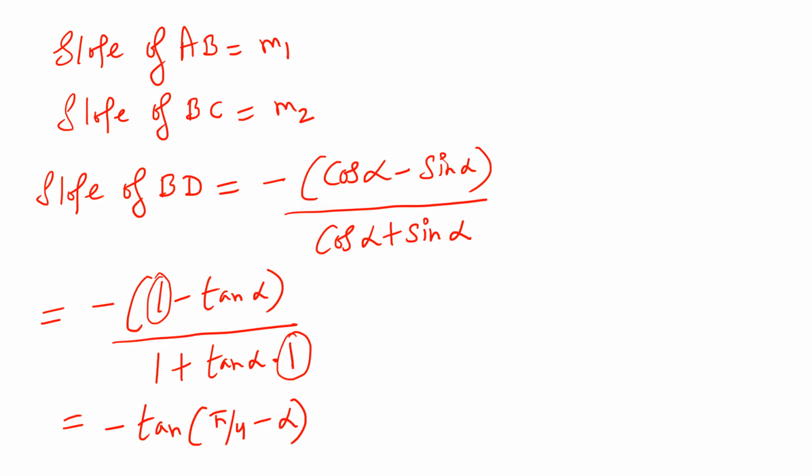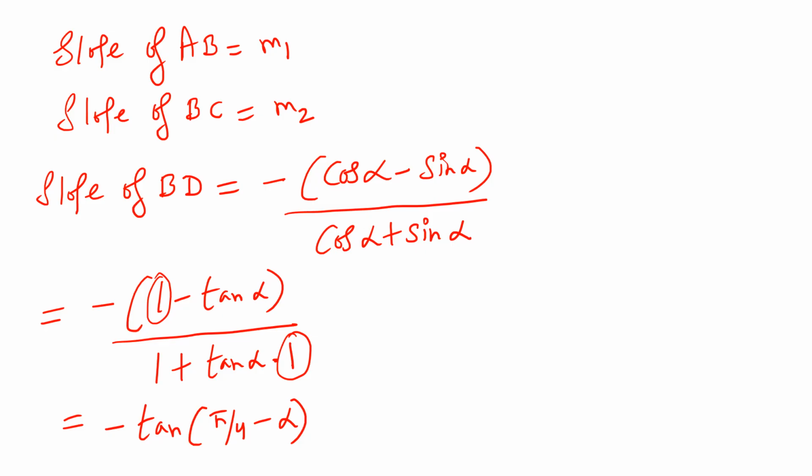Now students, we know that in a square ABCD, the diagonal BD makes 45-degree angle with any of its sides. That means the angle made between the side AB and diagonal BD is 45 degree. And we also know that if there are two lines with slopes K1 and K2 and making angle theta between them, then mod of K1 minus K2 upon 1 plus K1 K2 is equal to tan theta.